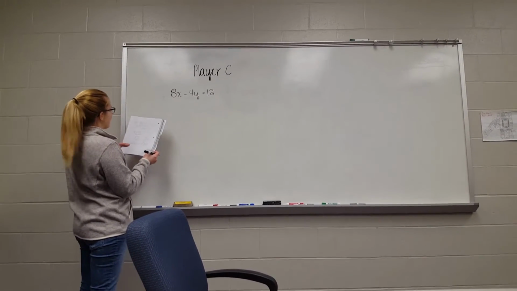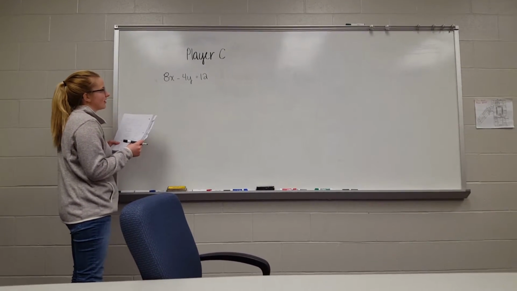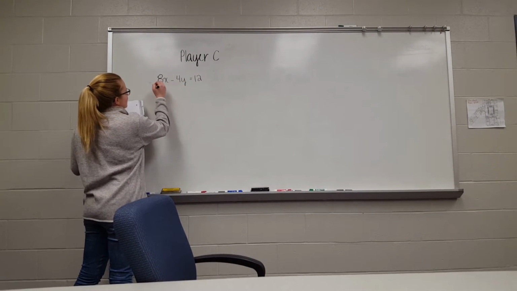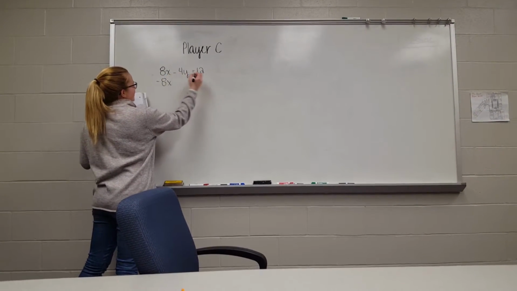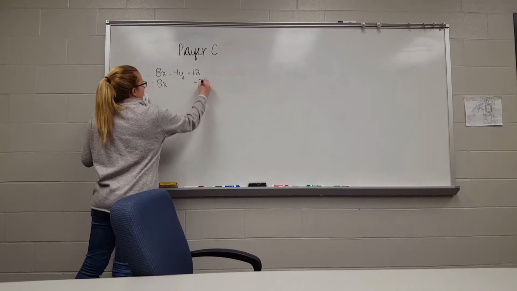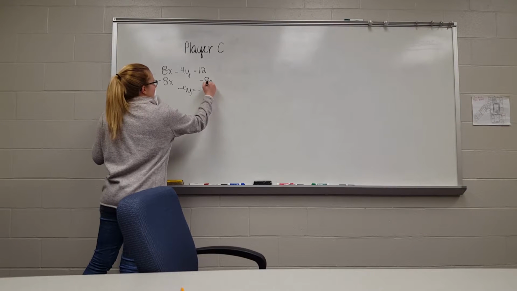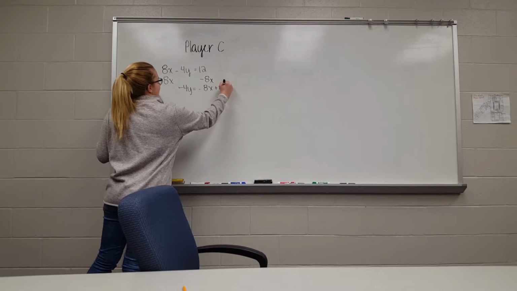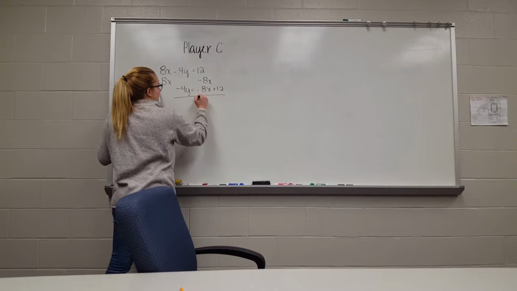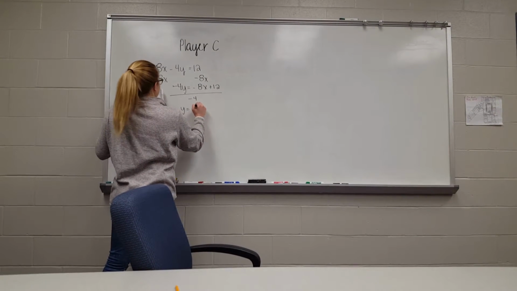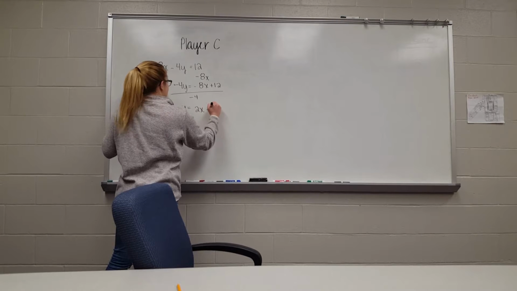Okay, so this is the problem I missed that demonstrates what I frequently miss. And you're trying to get y by itself, so you'll subtract 8x over. And then you'll divide everything by -4, giving you y equals 2x minus 3.